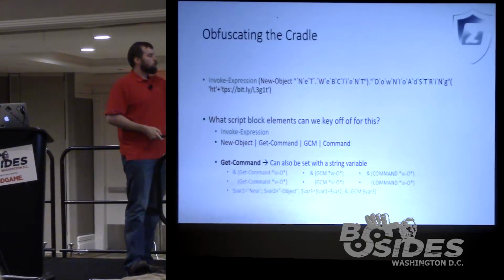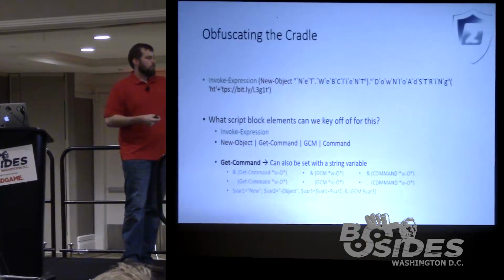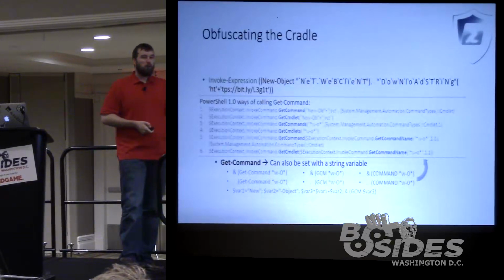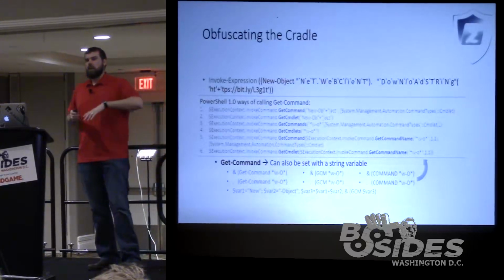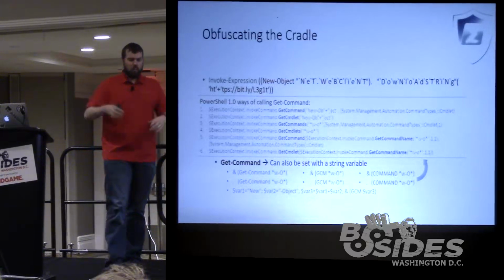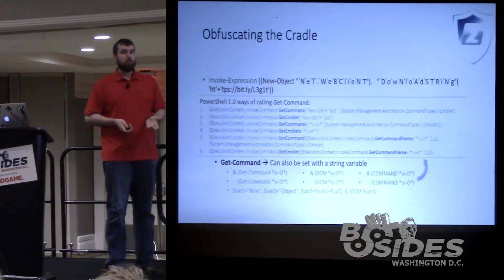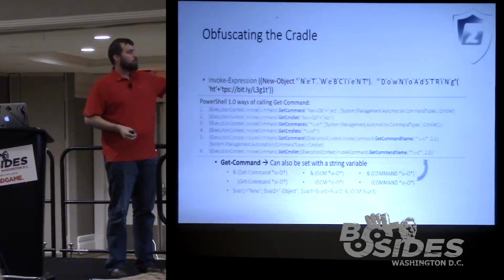Another thing we can do if we don't want to use wildcards, we can always take our commandlet name and chop it up into substrings or whatever we want, and then specify it there with Get-Command. These are several different PowerShell 1.0 syntaxes for doing this exact same thing. If you ever look at poshcode.org, it's one of the first PowerShell gallery-like distribution and sharing platforms, and it's been around for a while, which is awesome because there's a lot of PowerShell 1.0 syntax which still works today, but no one really is using it because it's really verbose like this.